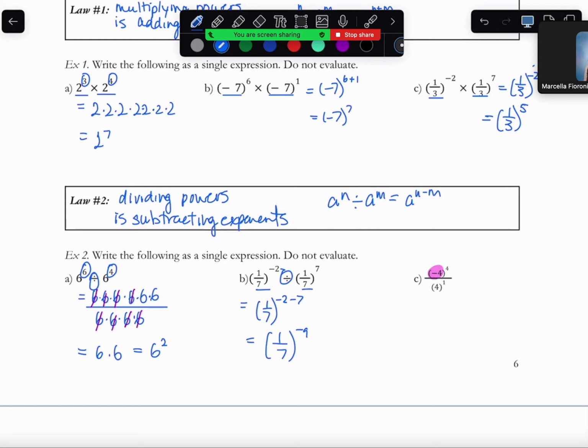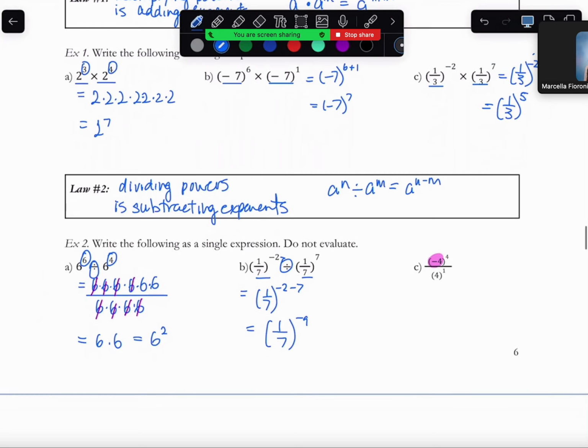But if we recall what we just said above about negative exponents, I know that (-4) to the power of 4, because it's even, will be equal to 4 to the power of 4, because the negative signs will cancel out in pairs. So I can rewrite this as 4 to the power of 4 divided by 4 to the power of 1, which is 4 to the power of 4 minus 1, 4 to the power of 3.